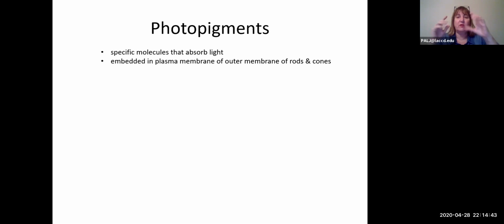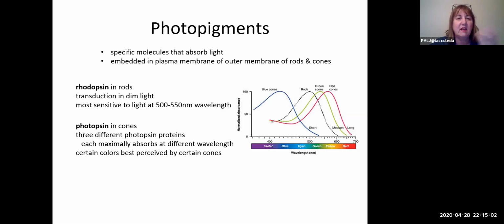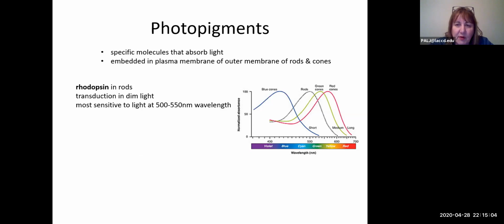On the rods and cones, the outer segment, right up in there in the plasma membrane, that's where all those photopigments are located. In rods, the name of that photopigment is rhodopsin. R for rods, rhodopsin. And rhodopsin is this black dotted line right here representing the rods.